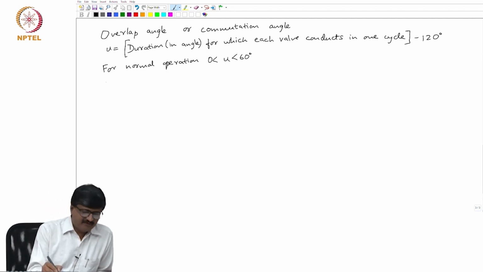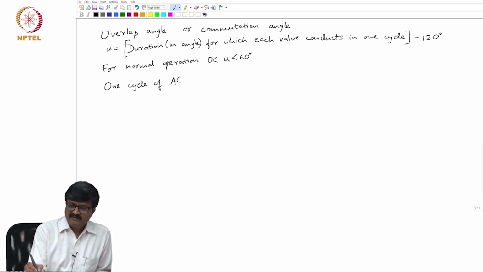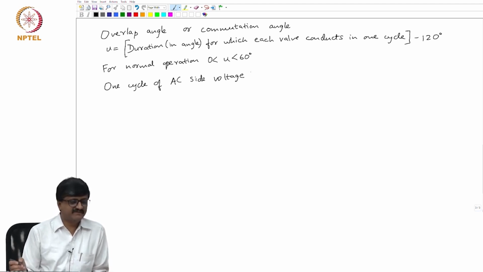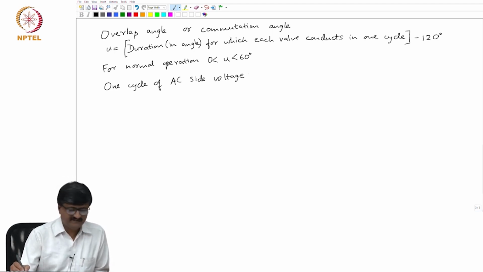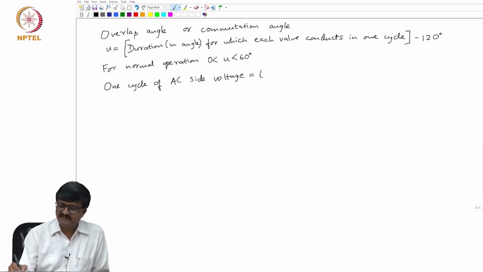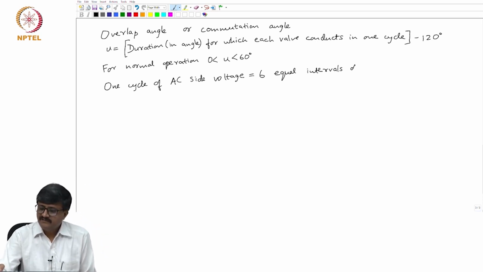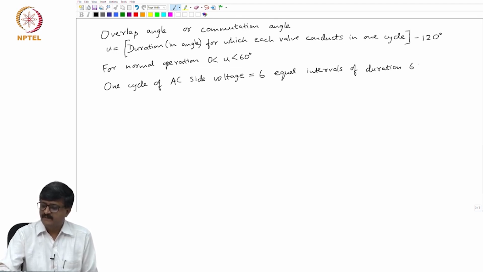So, if I take one cycle of the AC side voltage, there are 3 voltage sources, 3 single phase voltage sources, and it is equal to 6 equal intervals. Okay. So, each of these are of duration 60 degrees.